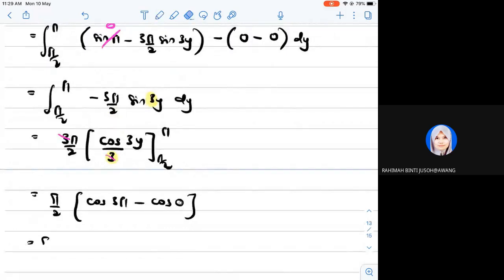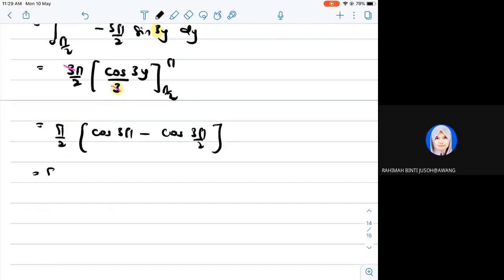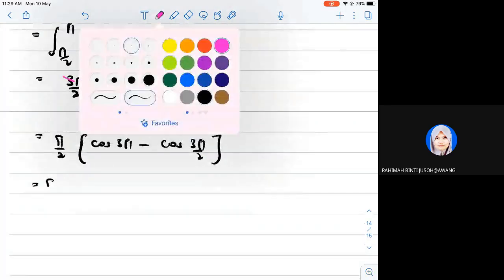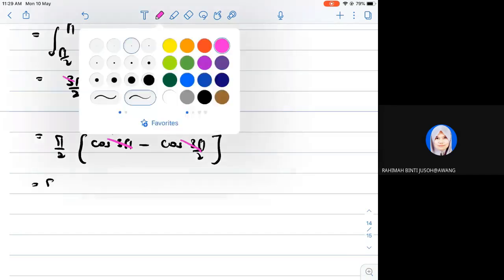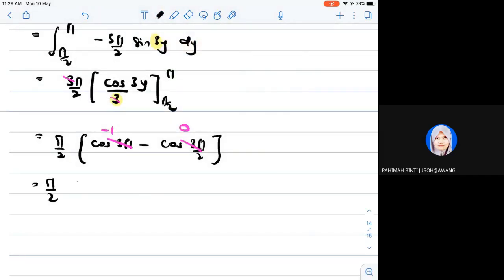So yang ni kena gantikanlah. Tolak cos 3 pi. 3 pi per 2. Like this. Macam itu. Okay. So cos 3 pi, 3 pi ni negatif 1. Cos 3 pi over 2 is 0. So we will have pi over 2 darab negatif 1.